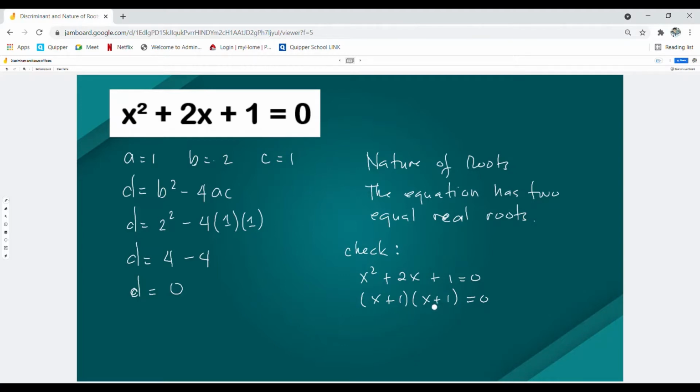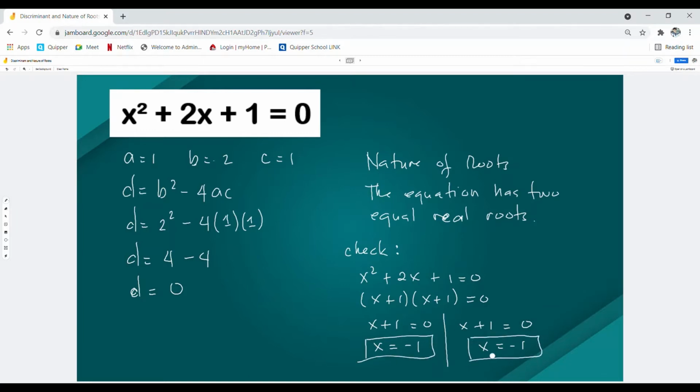So next, you have already your factors. You can equate both to 0 to solve for x. So x plus 1 is equal to 0. Here you have x equals negative 1, and here x equals negative 1. You see, the roots are the same.